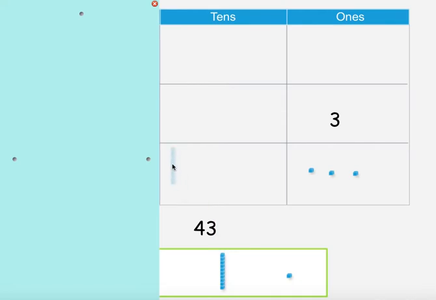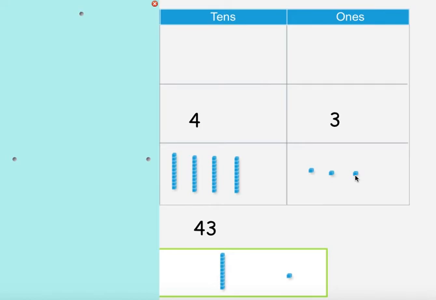Yep, we need 4 10s. 1, 2, 3, 4. Let's write our number in. 4 10s. Now let's look at the value of the number 3 and the number 4.